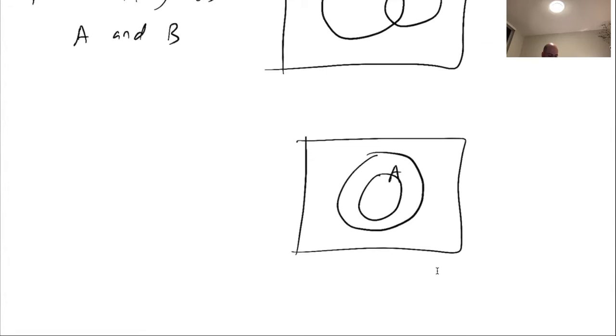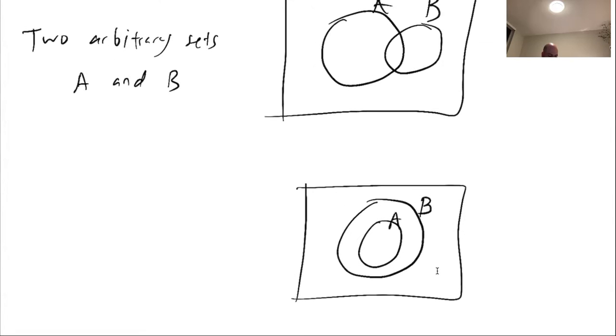Then A would be like this, B would be like this. So here, A is a subset of B. Because A is a subset of B means every element of A is inside B. So that's why, if you want to represent with circles, we would put A as a circle inside B, to show that every element of A is inside B.